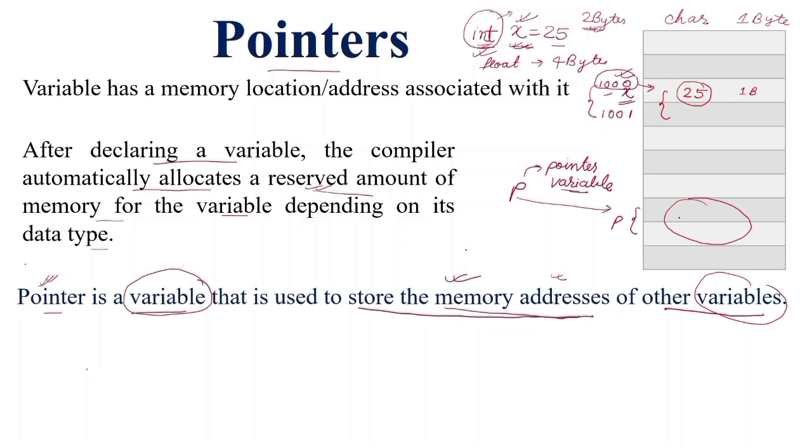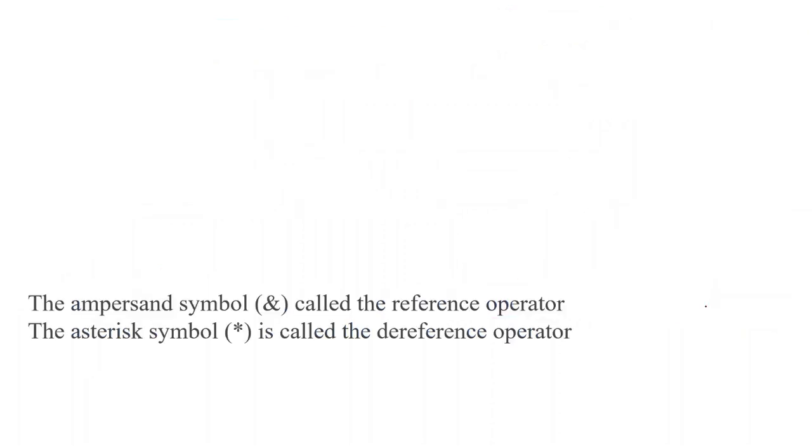The value will be the memory address of another variable. Suppose we are storing the memory address of x. So you are going to store 1000 over here. So a pointer is a variable that is used to store the memory address of another variable.